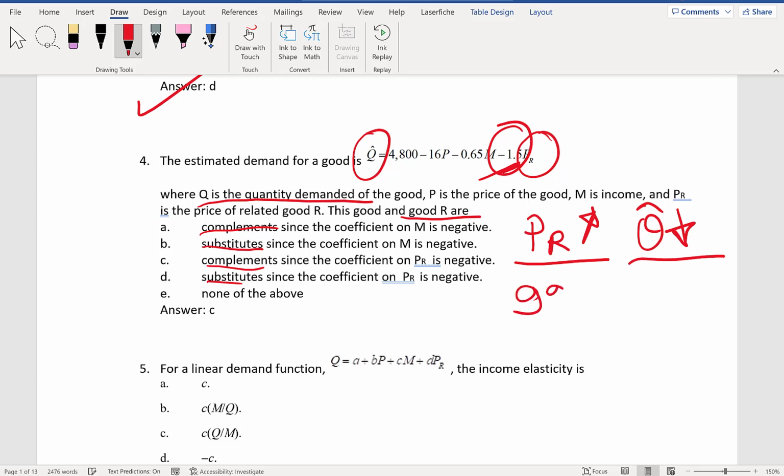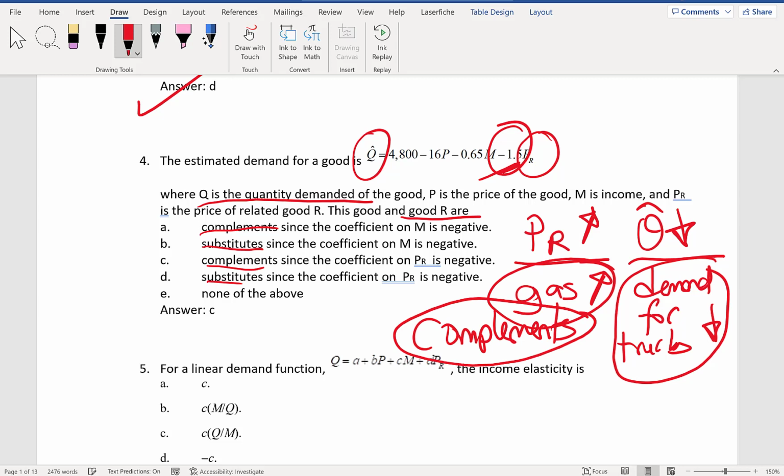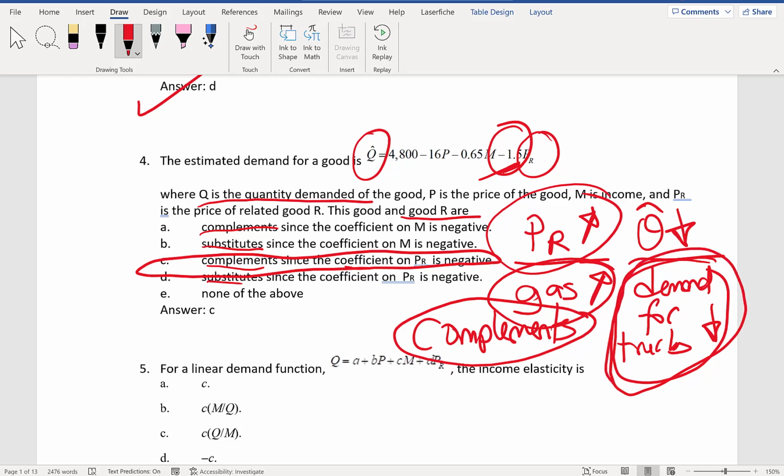For instance, when gasoline price goes up, demand for trucks will go down. These are what we call complements. Complements go together, because the coefficient of PR is negative. Correct answer is C. Right now the price of gasoline has gone above $4 in all 50 states, so demand for energy inefficient cars will go down.